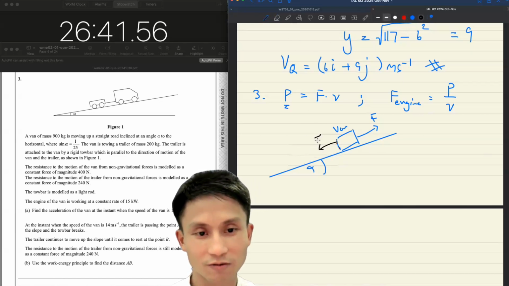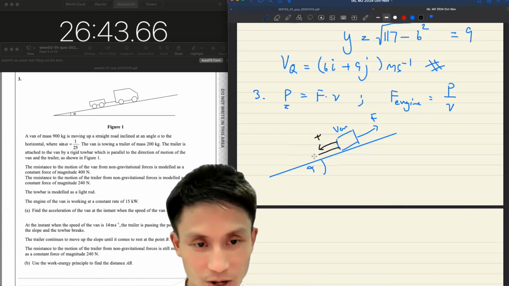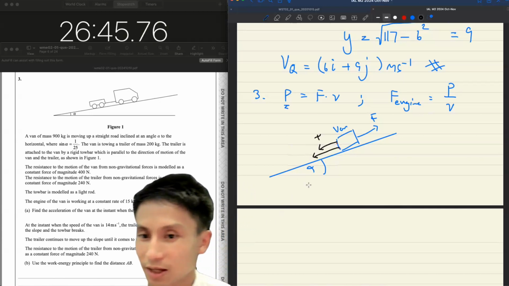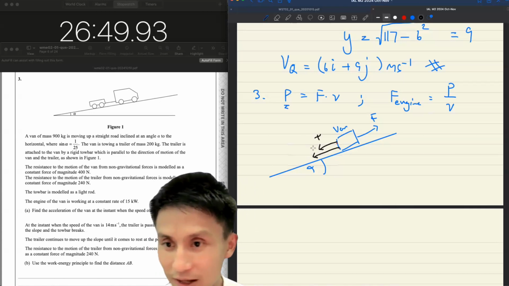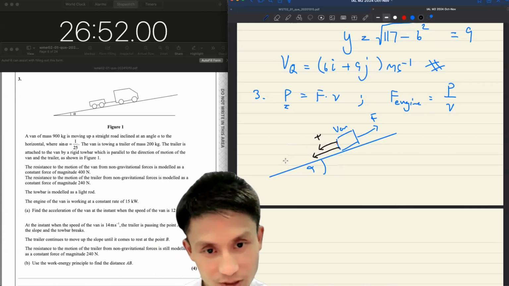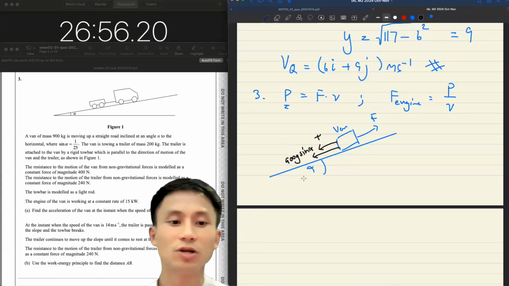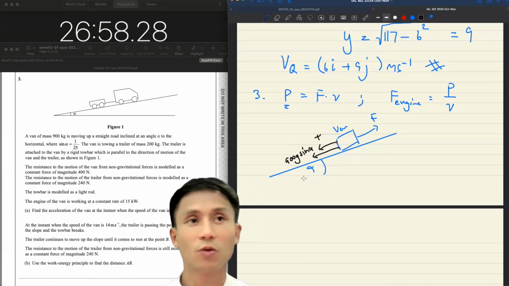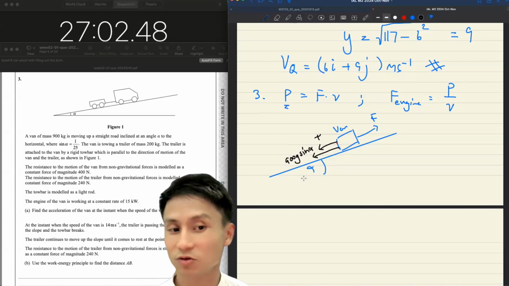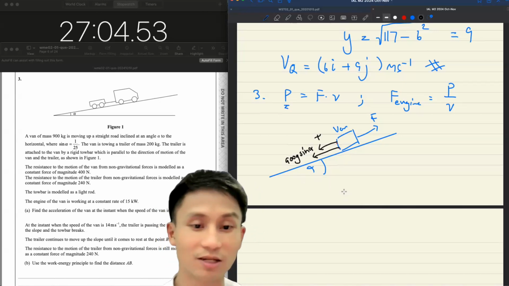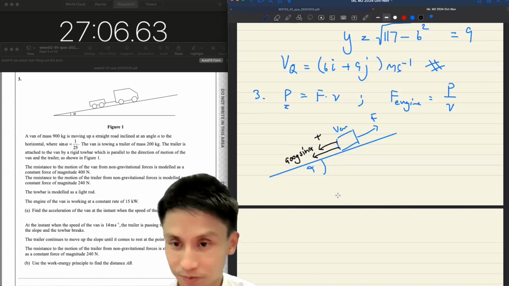There's a tension from the tow bar and the weight component downwards. The mass of the van is 900, so this is 900g sine alpha. That's usually the weight component. The weight component on a slope like this is usually mg sine alpha. You can just do the geometry there, but we can take it as that.